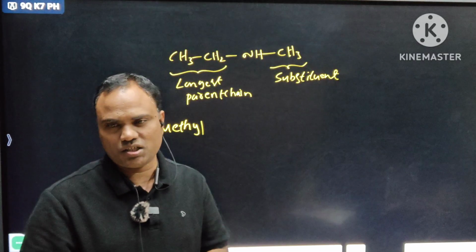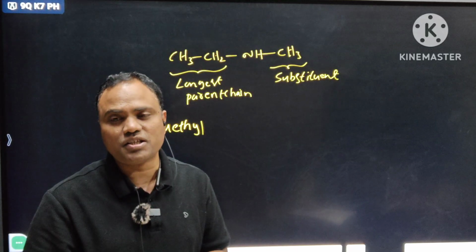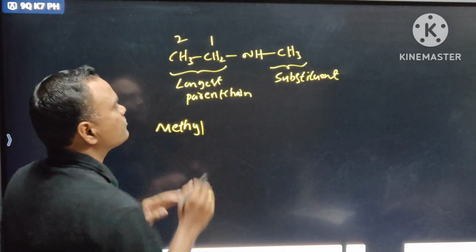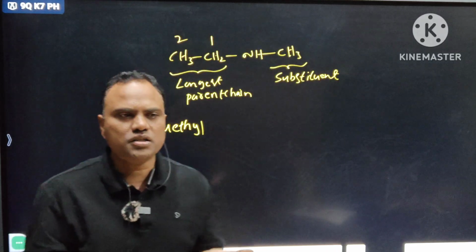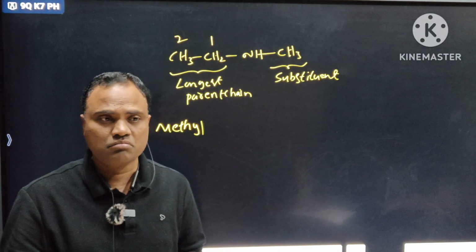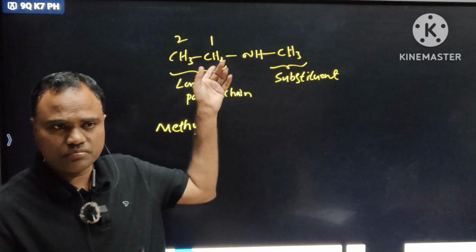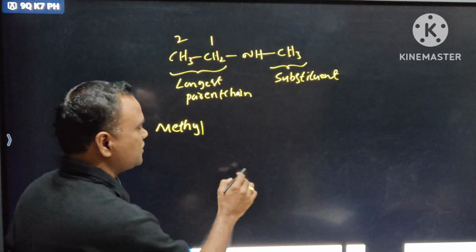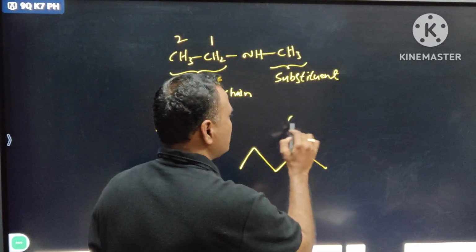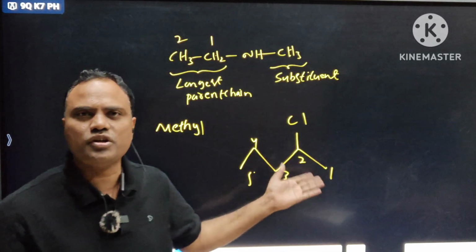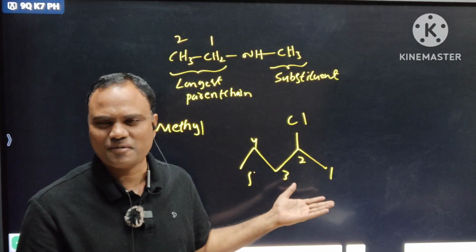But tell me, methyl is present at which position? This is the longest chain, 1, 2. If I give an example like this, we can say chlorine is present at second position.